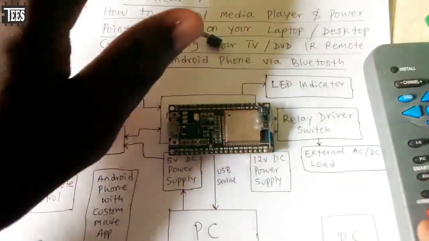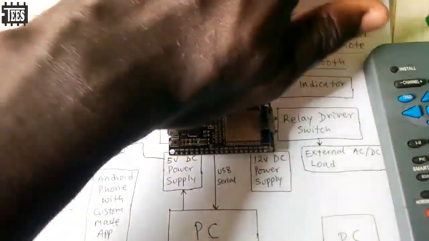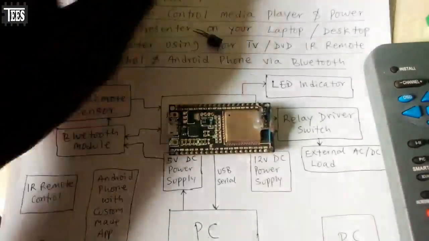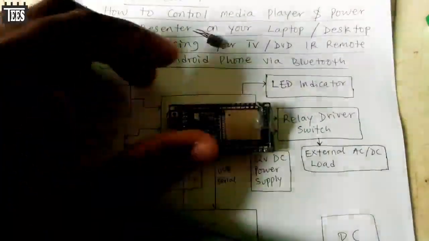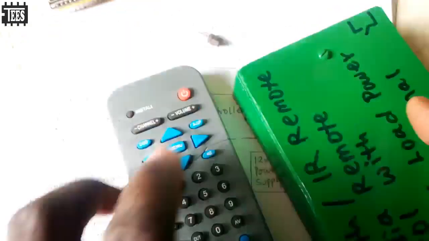Then the other one I developed on the computer. Then on the Android phone, I also developed another software. What these two do: your Android phone and this infrared remote control communicate with this.